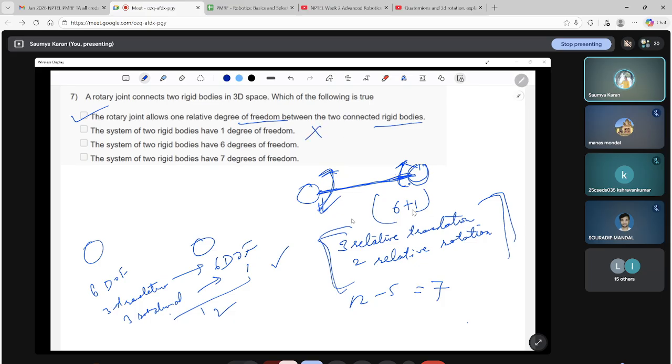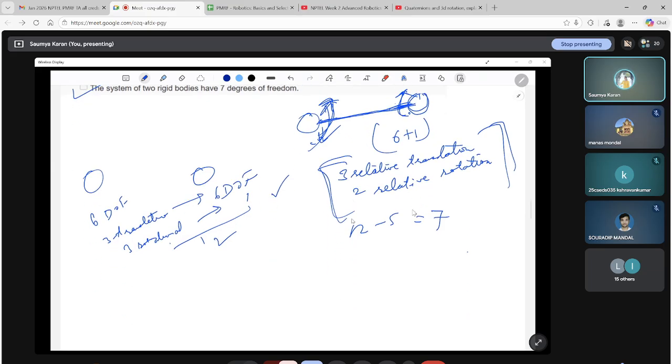This is wrong. 6 is also wrong, and 7 is correct, as we saw. 6 would mean 2 bodies would behave as individual rigid bodies. This would require a fixed joint and not a rotary joint, but it is a rotary joint. All right. So the fourth one is the system of 2 rigid bodies has 7 degrees of freedom: 6 degrees of freedom for overall rigid body motion of the assembly, and 1 degree of freedom for joint rotation.